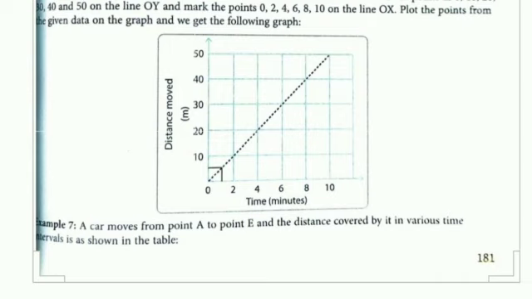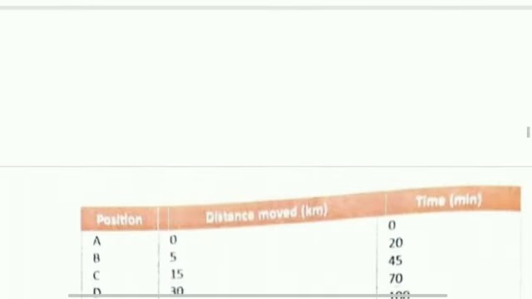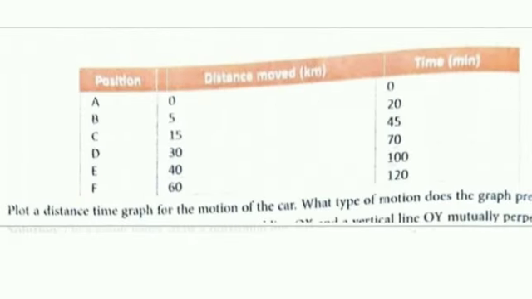Now next question. A car moves from point A to point E, and the distance covered by it in various time intervals is as shown in the table given. What is the given table? It is position A, B, C, D, E, F. Distance moved in kilometers: 0, 5, 15, 30, 40, 60.